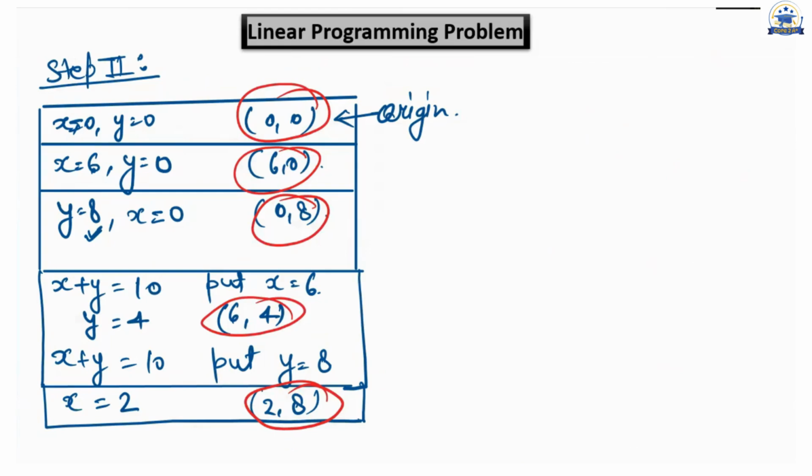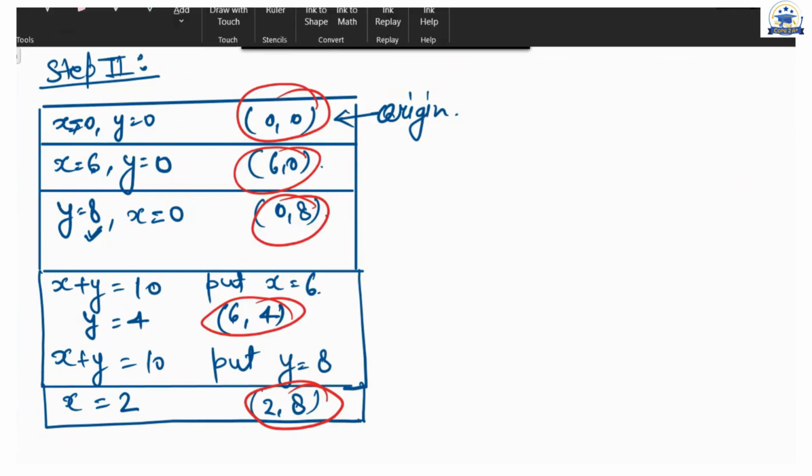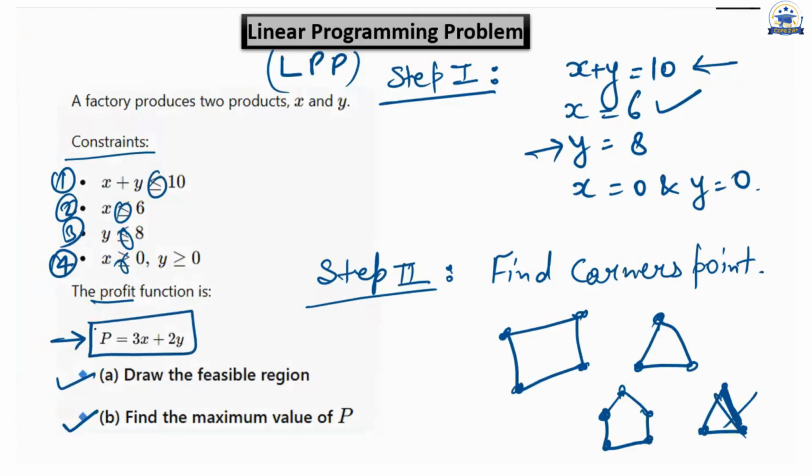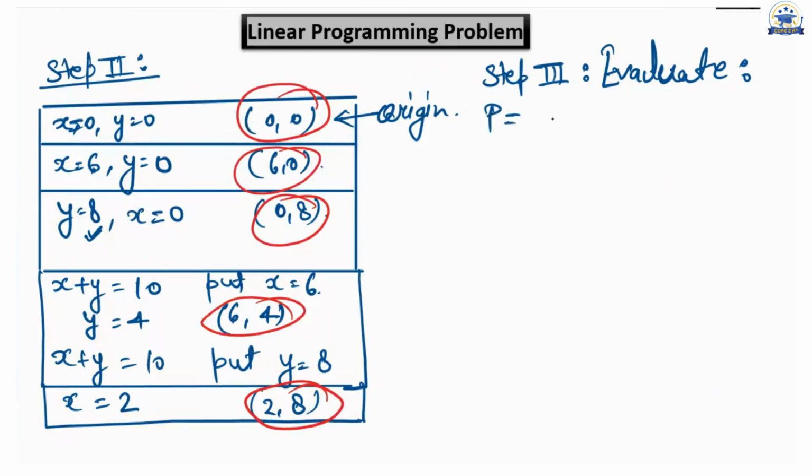So in step 3, what we will do, we will evaluate your profit with the help of this equation. Here, see the profit equation. P equals 3x plus 2y. P equals 3x plus 2y. Okay. And put in all the coordinates one by one.